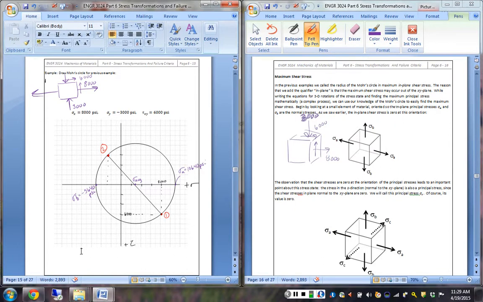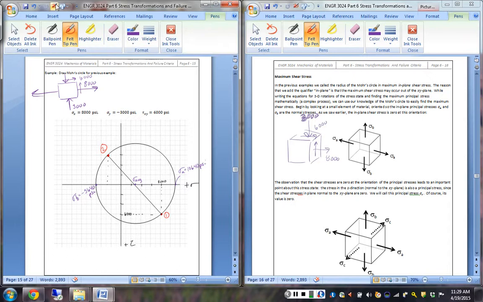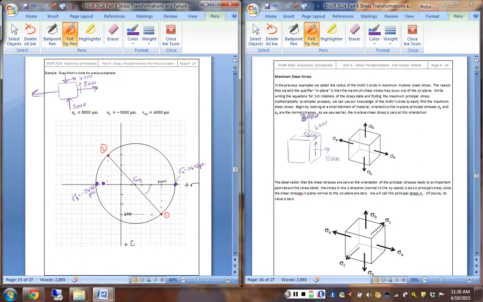If you come back over here and look at Mohr's circle, we have found the rotation angle, and in our transformation matrix that's the 23.75 degrees, and on Mohr's circle that's the 47.5 degrees. But when we rotate through those points, we end up on the normal stress axis.